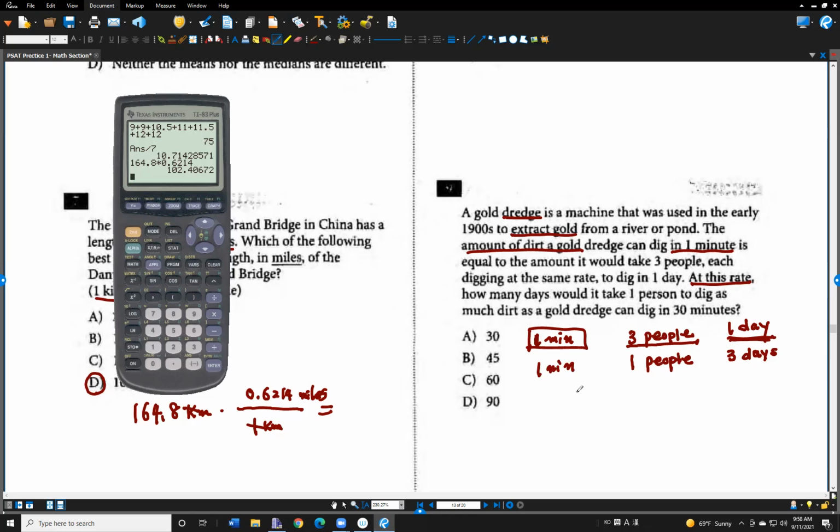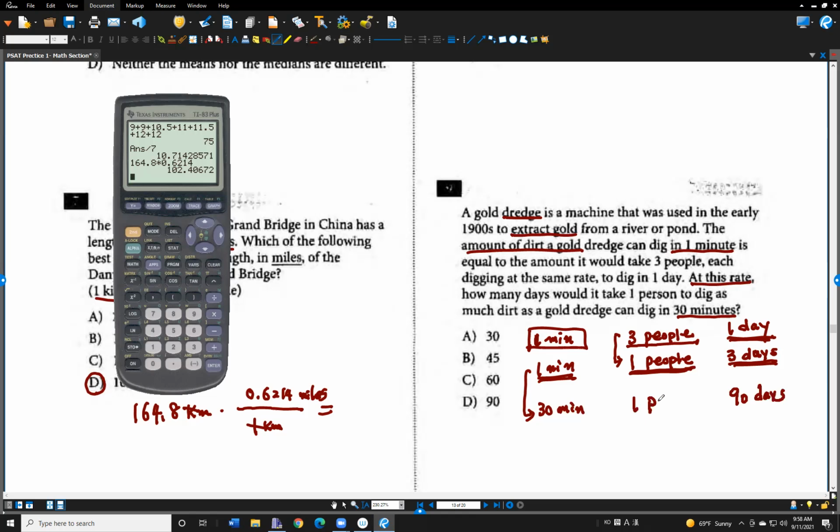Now we change the time to 30 minutes, same 1 person. 1 minute takes 3 days for 1 person, so 30 minutes takes 3 times 30, which is 90 days.